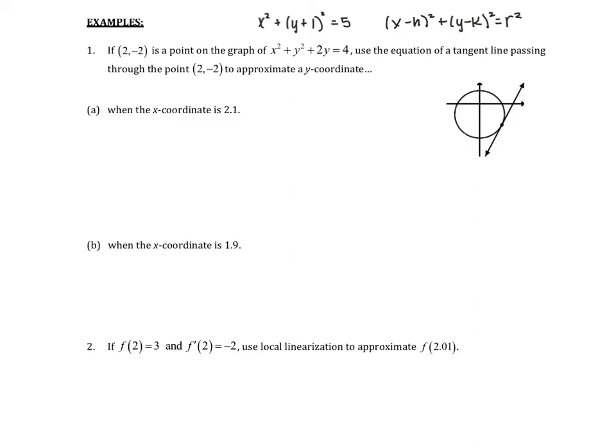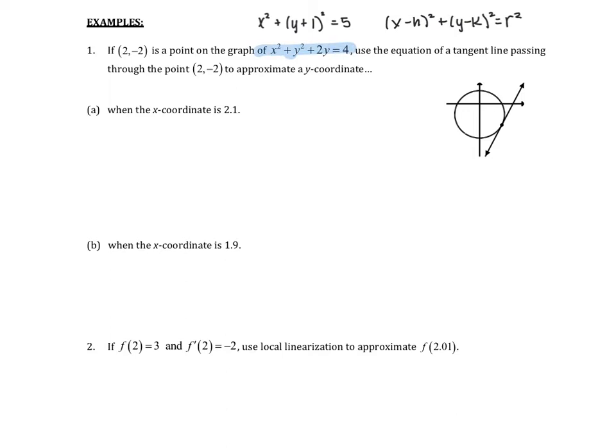Okay, so let's look at what we do with this problem. The first thing we need to do is find the equation of the tangent line. But in order to find the equation of a tangent line, we need a slope, and in order to have a slope, we need to be able to take the derivative. So my first job is to take the derivative of this function.